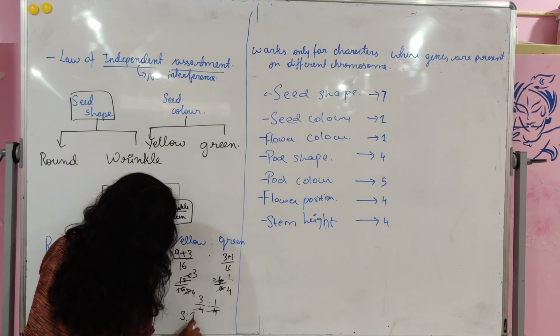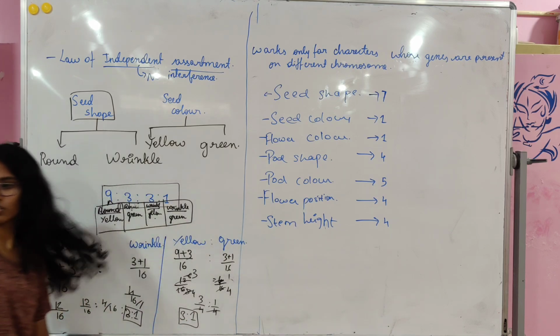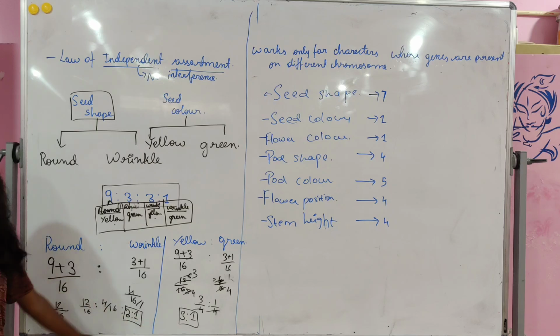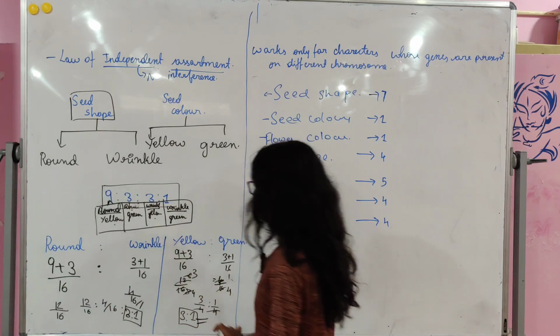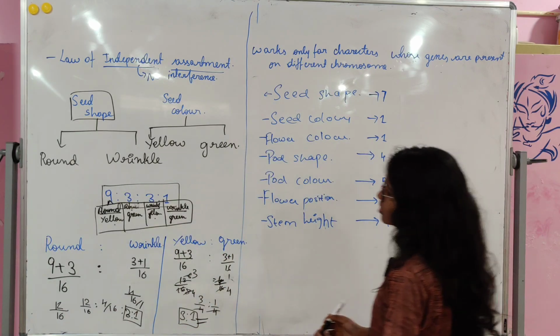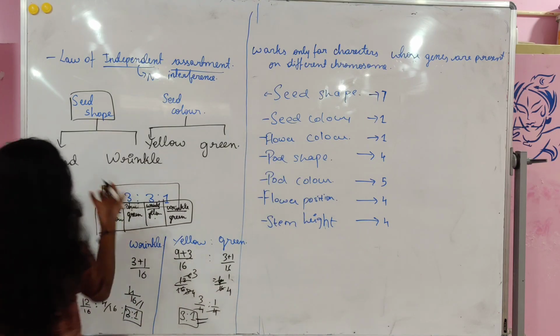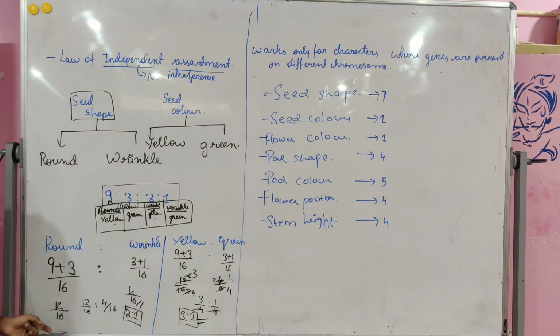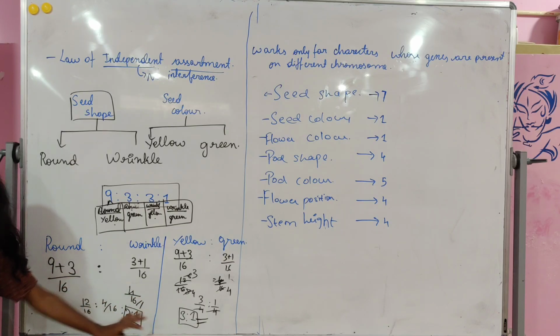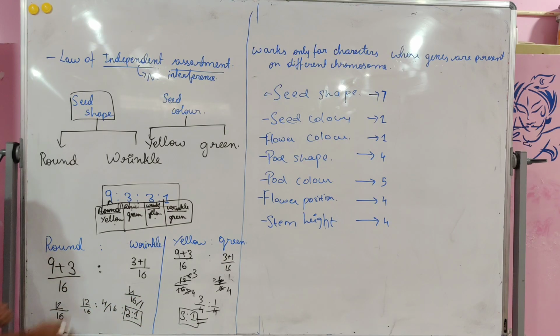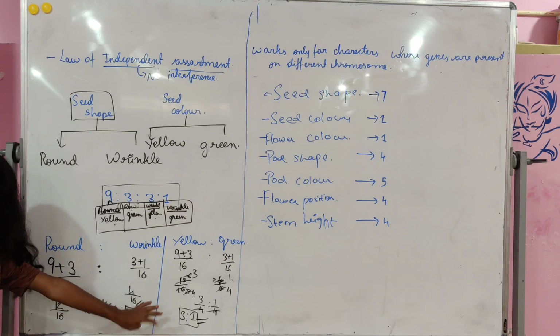It will be 3 is to 1. Right. So it is 3 is to 1. Fine. This is what independent assortment says. When we take monohybrid, the phenotypic ratio will be 3 is to 1. And when we take a dihybrid cross between two parents and try to find the phenotypic ratio, it will still be 3 is to 1 only.